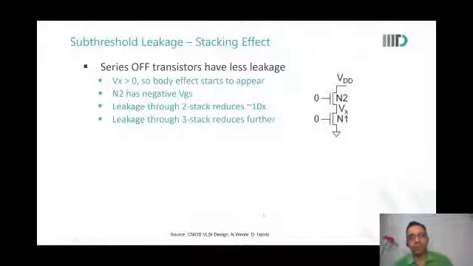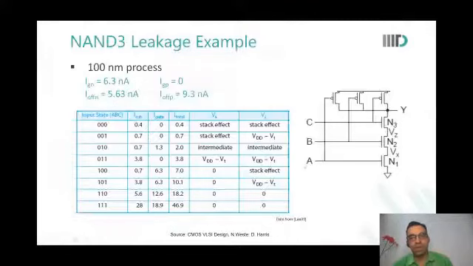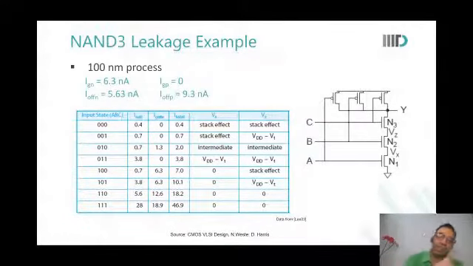Yes, sir. So with that body effect happening differently over there, we would actually observe that the leakage through a stack of 2 or 3 devices can actually reduce by orders of magnitude.